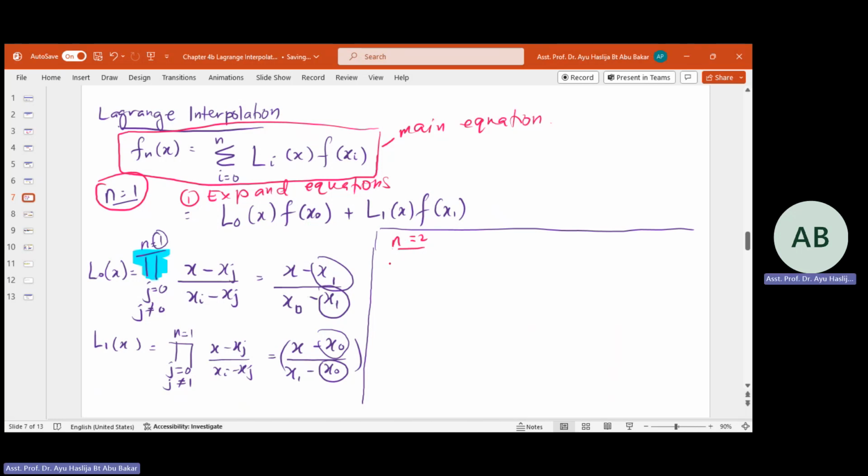We expand the equation where L0 of x, f of x0, plus L1 of x, f of x1, plus L2 of x, f of x2.